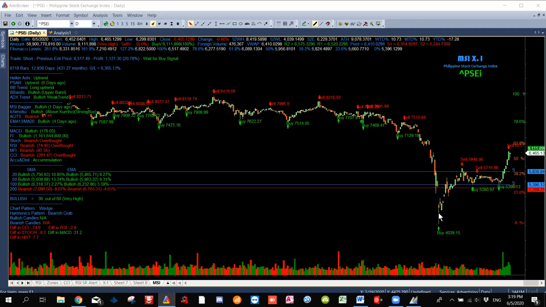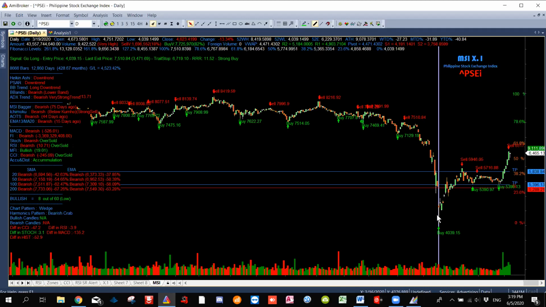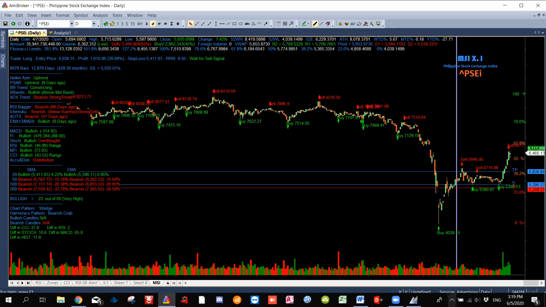So way back here at this area, which is around March 19, as you can see, the color of the stock code is red kasi siya ay downtrend. Tapos nakita niyo naman dyan, orange na siya. It means na it's already near to going sa pagiging bullish, kaya lang nagsi-second thought pa siya.